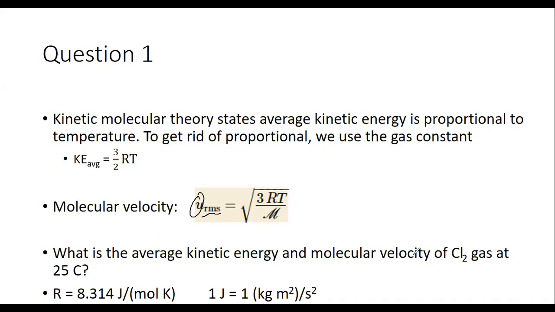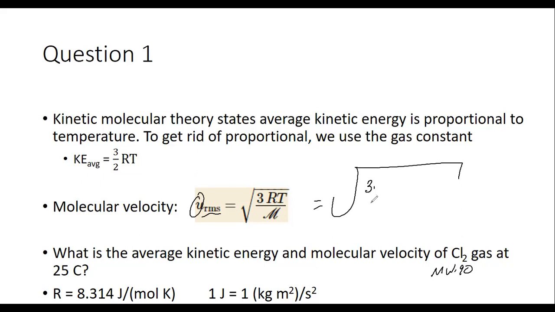So here I have Cl2. I think the molar mass of Cl2 is like 90 something, because I think Cl is like 45. So if I do this, my molecular velocity equals the square root of 3 times our gas constant.